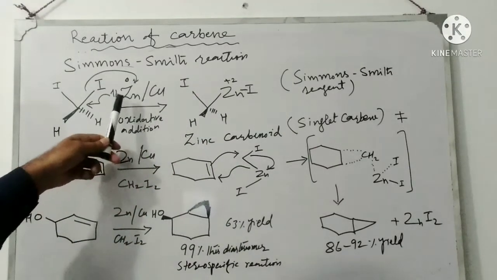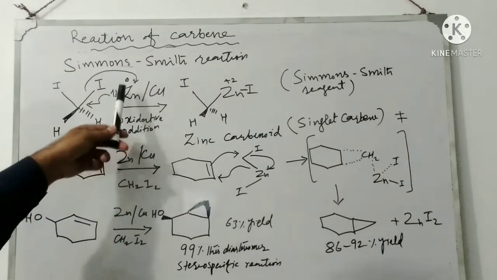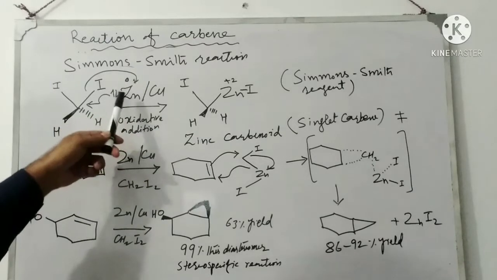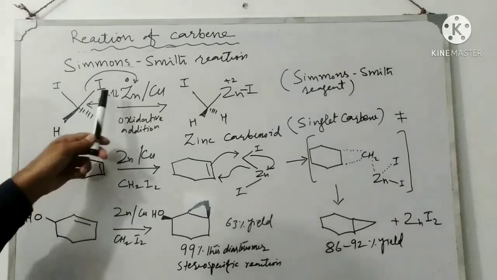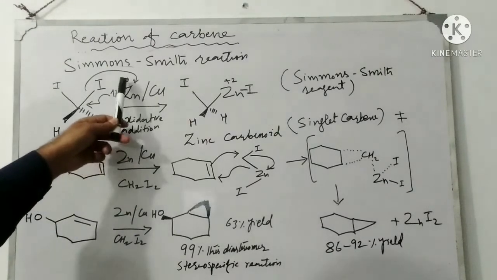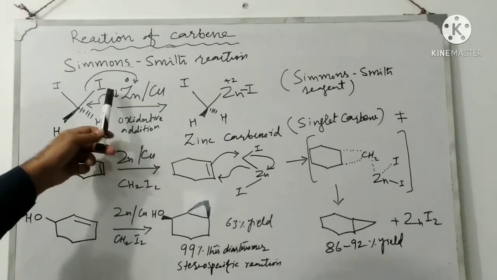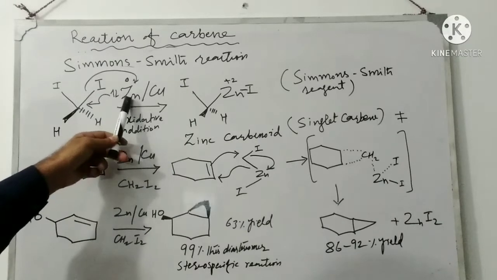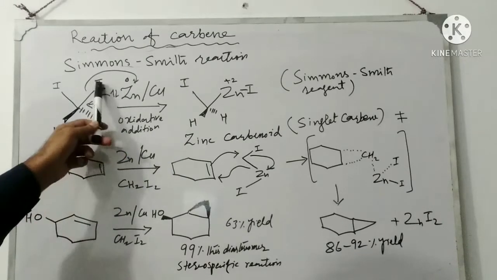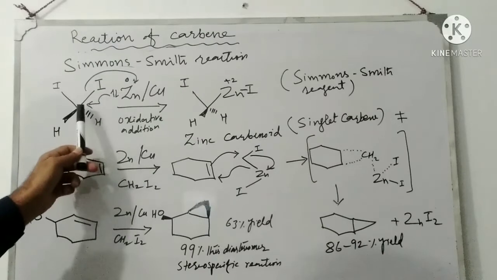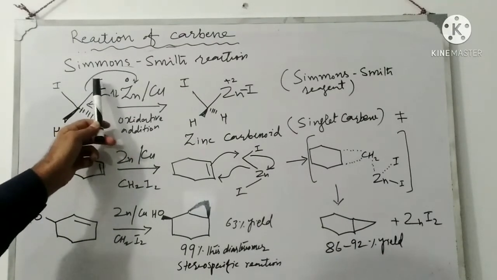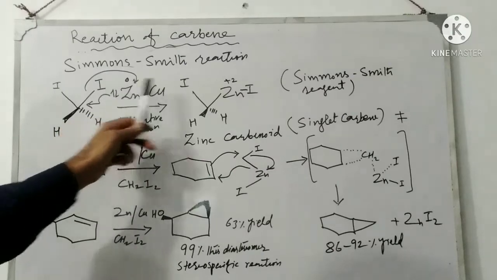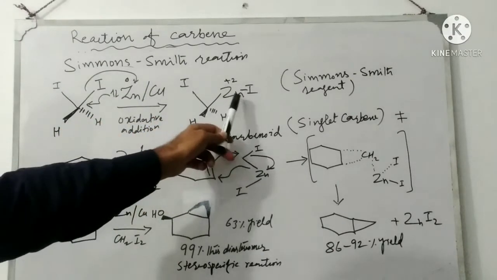What happens is that the zinc is in the zero oxidation state. When it reacts with diiodomethane, this zero-valent zinc, with its two electrons, basically inserts into the carbon-halogen bond. These two electrons make the bond between this carbon and zinc, and then these two electrons make the bond between iodine and zinc, to make the zinc carbenoid.